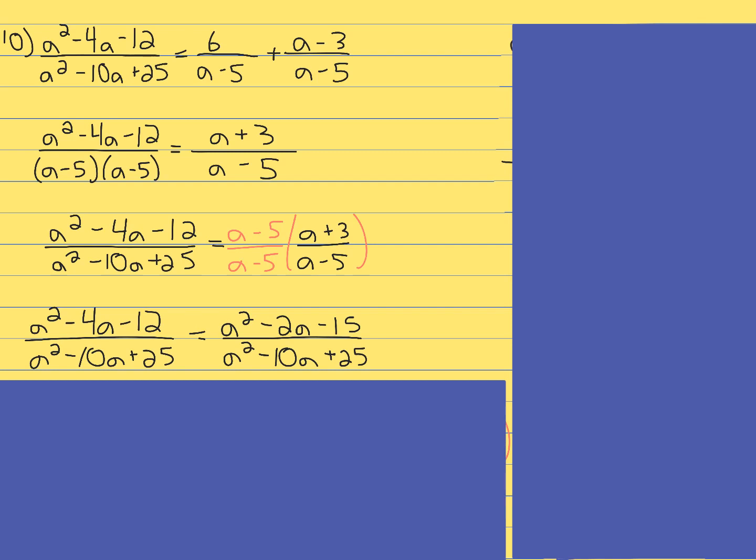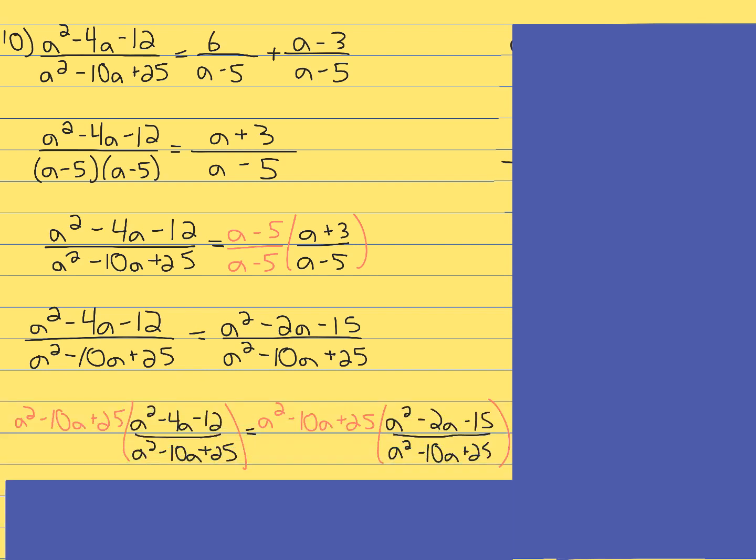Okay, now that they're over the same denominator of a squared minus 10a plus 25, we can just treat this numerator set as the new problem. Why can we do that? I did it here to show you, but I might not do it on every single one. I might just jump to the next line. These cancel out.